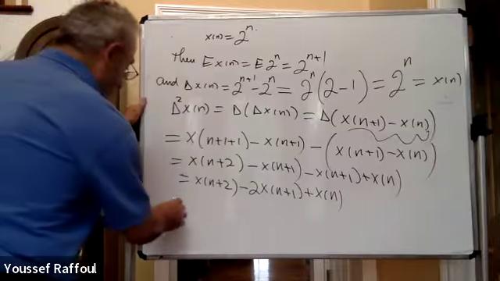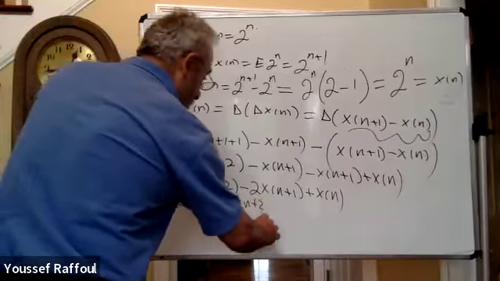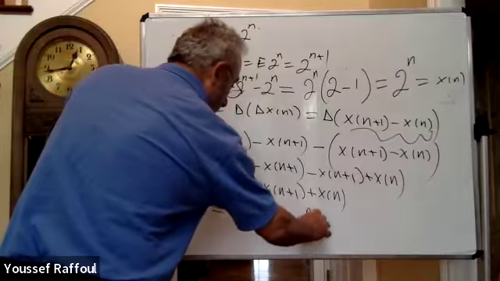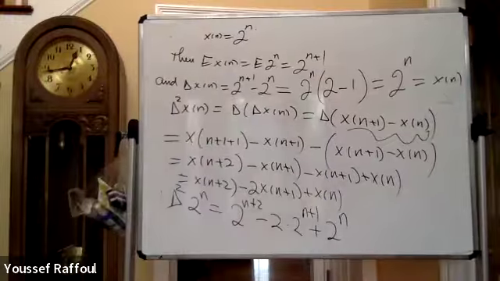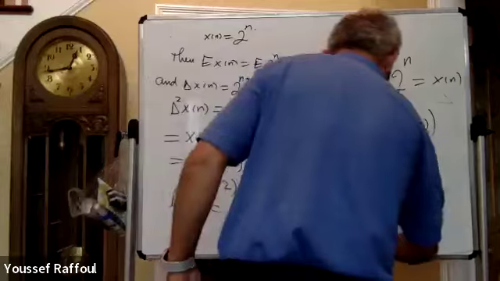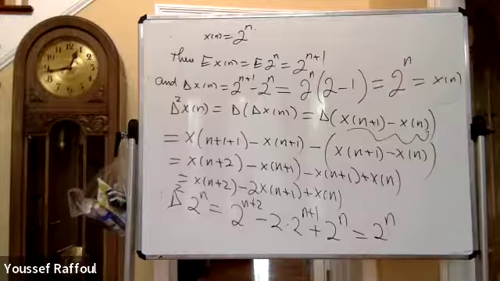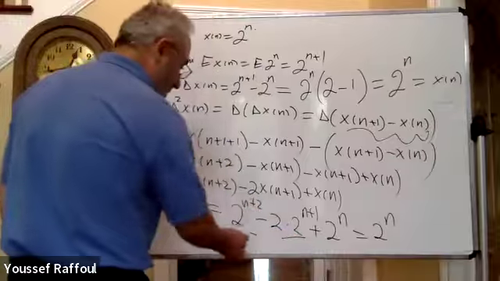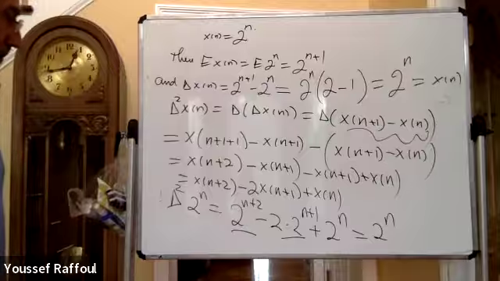So for example, del squared of 2^n is 2^{n+2} - 2 times 2^{n+1} + 2^n. And that is 2^n, right? Why? Because this one and this one wave goodbye. They cancel out. So you are left with 2^n.